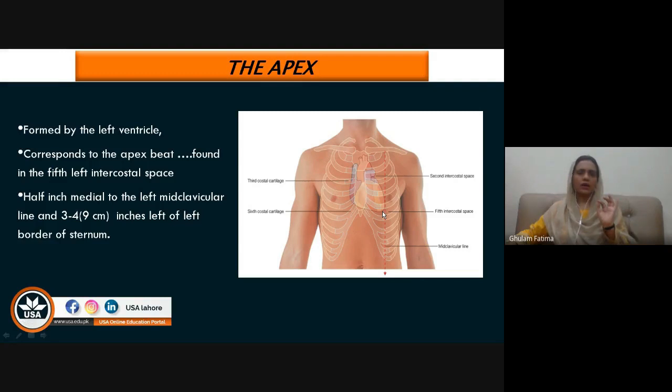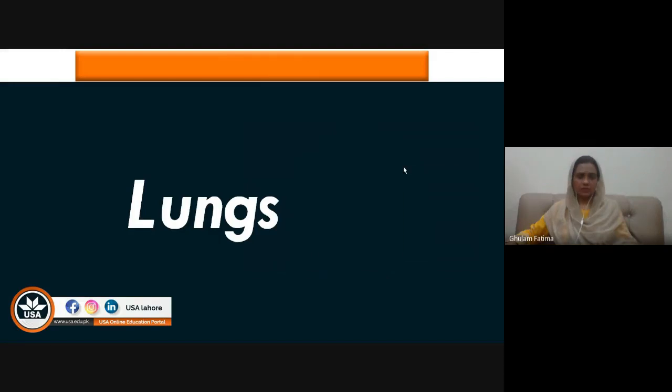If you go towards it from the left border of the sternum, it is roughly 3 to 4 inches lateral to the sternal border, or simply half an inch medial to your mid-clavicular line on the left side. So this is the point of maximum impulse.